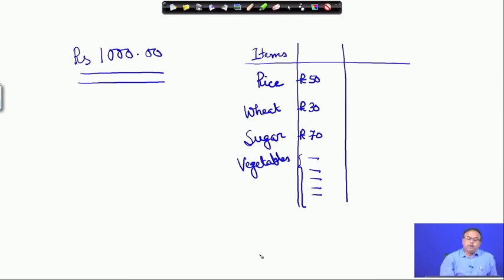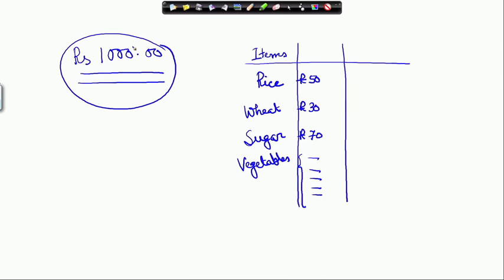Now, suppose you have been told that you have been given this amount of money and you have to buy the maximum amount of rice possible. So, with 50 rupees you can have 20 kgs of rice, but there is a constraint.